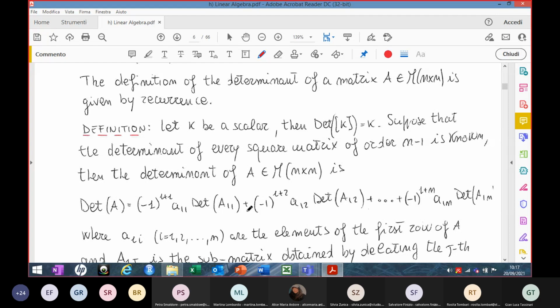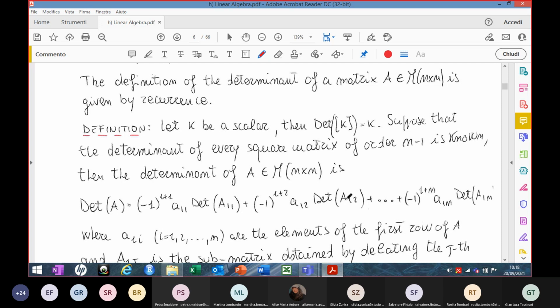Then go on, plus, look again at the first row of the matrix A and the second element, which is the element A1,2. First row, second column. Pre-multiply it by -1 raised to the power the sum of the indexes, 1 and 2, times what? Determinant of capital A12.